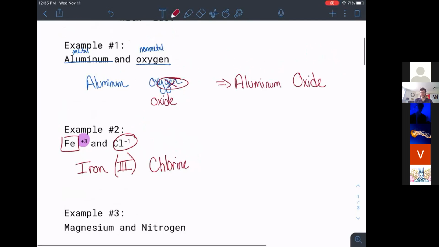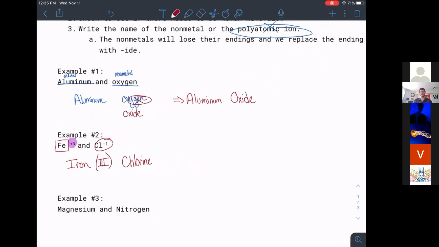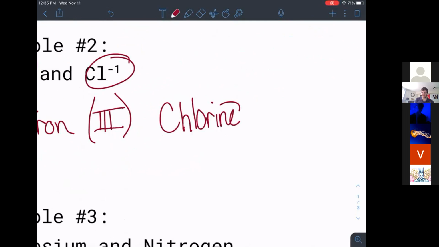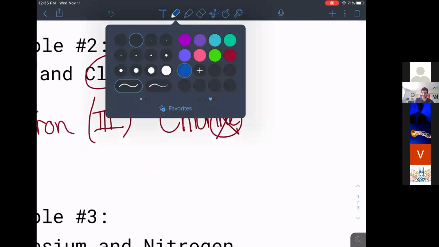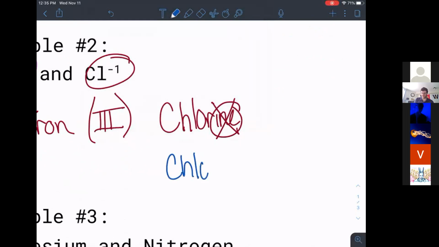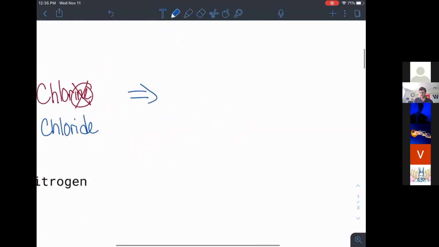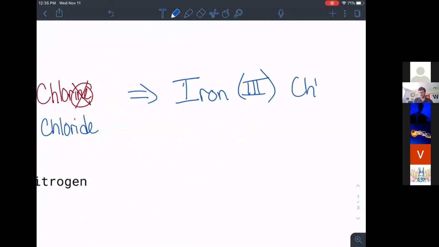But what do we have to do to our nonmetal? Chlorine is that nonmetal. We've got to change it to IDE. So we get rid of the INE here and change it to chloride. So our final answer would be iron 3 chloride.